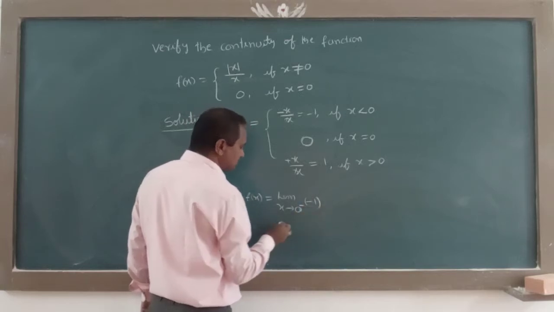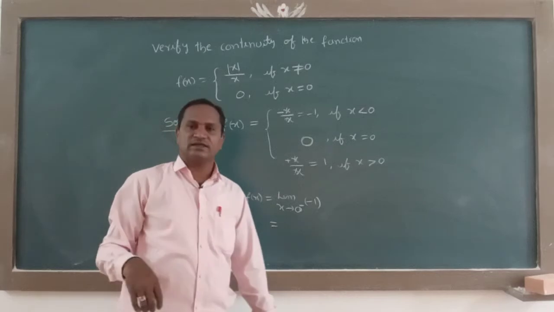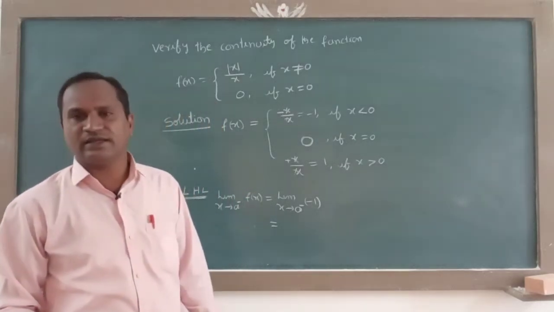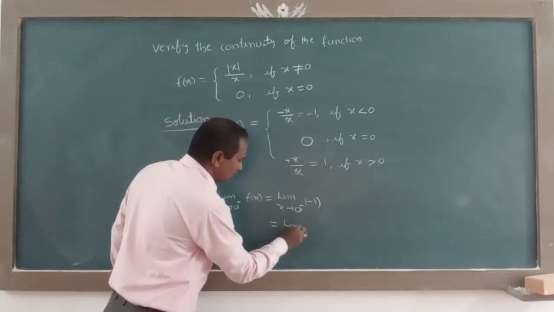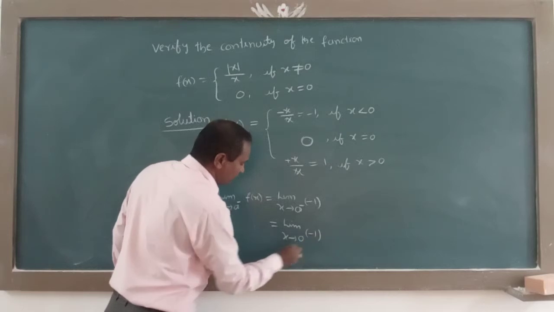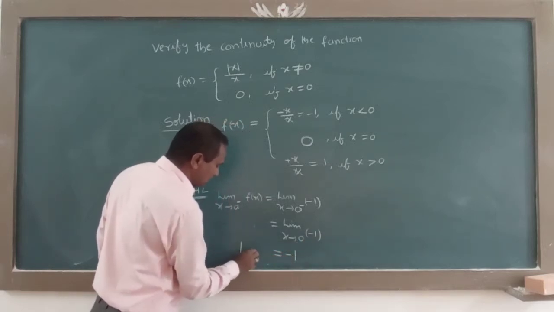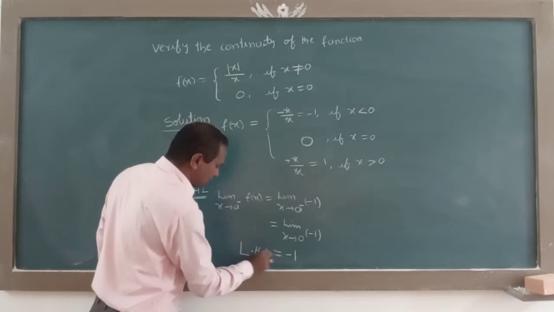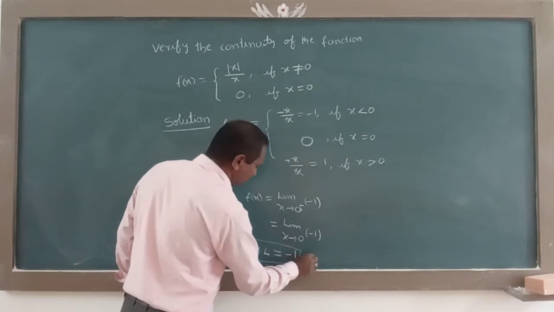Here minus 1 means a constant function. The limit of a constant function is the constant only, at any real number. That is what we can tell directly. Limit x tending to 0 minus 1, and finally we write minus 1. That is, LHL is equal to minus 1. It is equation number 1.